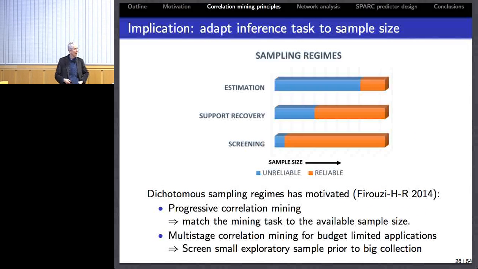Okay. So let's say that you're collecting samples, and this is an argument for adaptive sampling, adaptive data collection. You don't have $1 million to collect 23,000 samples, right? But what you can do is, as you start collecting samples, you first enter this screening regime, where you can detect whether or not there are edges among your variables.